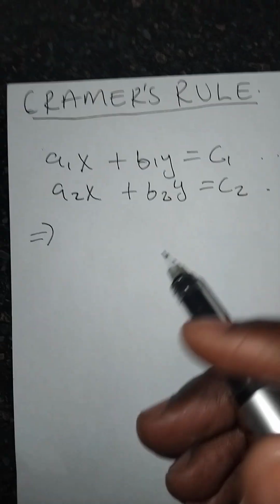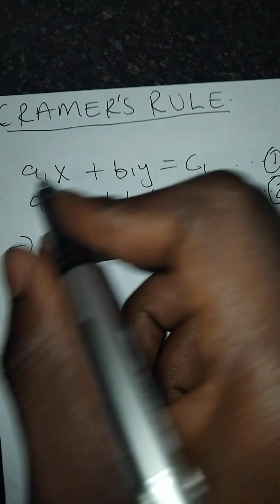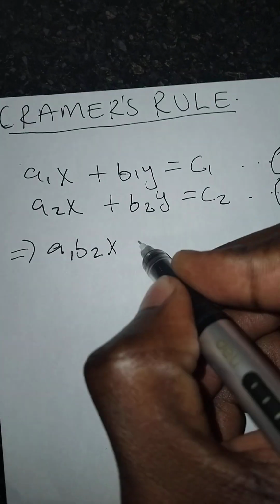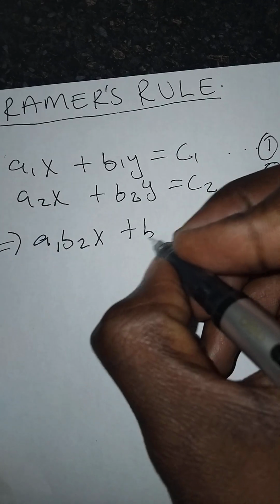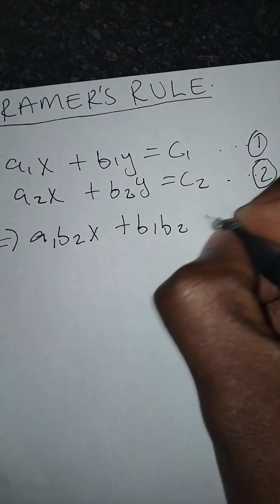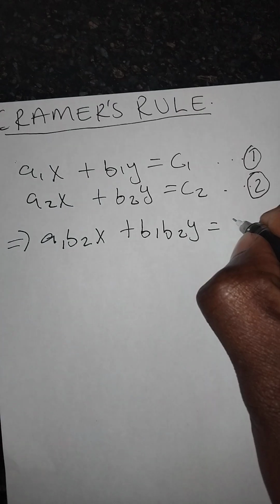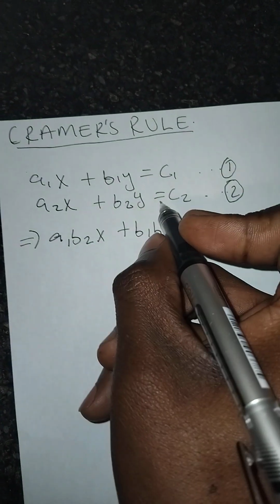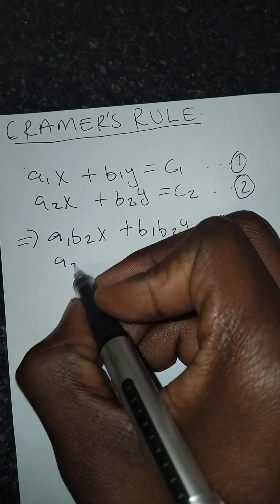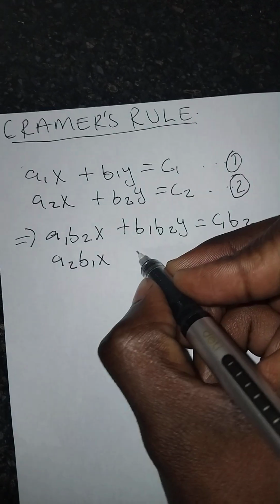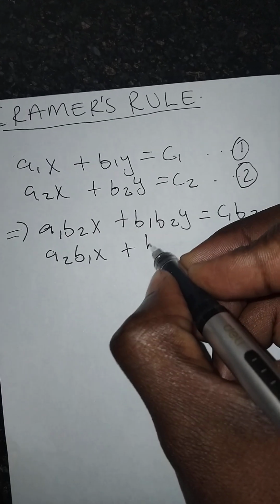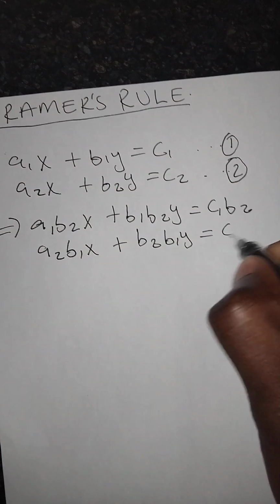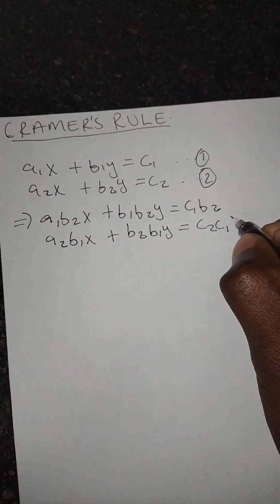Once we do that, we multiply equation 1 by b2, so it's going to be a1 b2x plus b1 b2y is equal to c1 b2. Then this one we multiply by b1, so we have a2 b1x plus b2 b1y equals c2 b1.